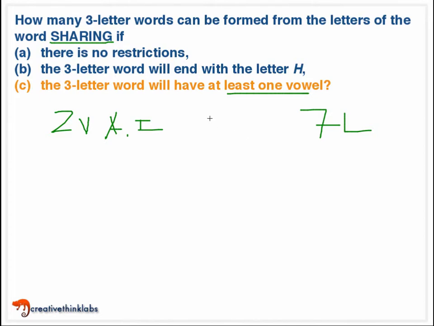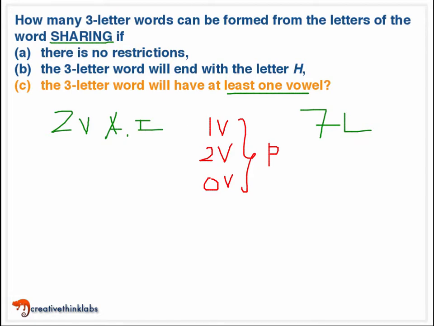There can be one vowel, which meets this condition. There can be 2 vowels, but there cannot be 0 vowels. These are the possibilities: either the 3-letter word has 1 vowel, 2 vowels, or no vowels.